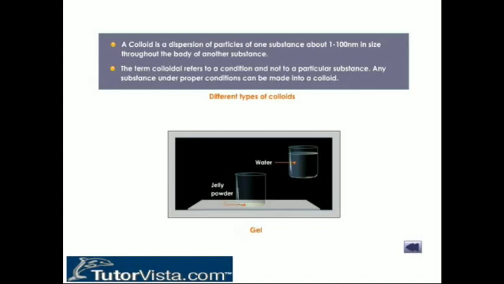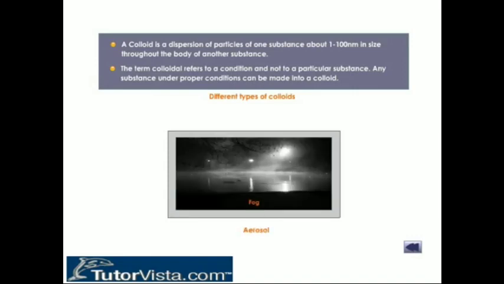Gel occurs when a liquid is dispersed in a solid, for example, in jellies. Aerosol is a solid or liquid dispersed in a gas, such as in the case of fog, mist, or smoke.